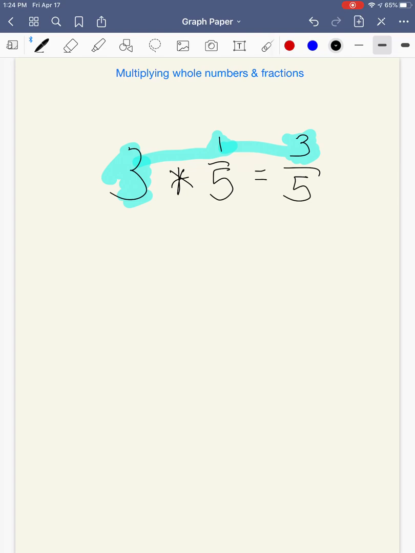Well, what is this 3? It's a silly kind of question, and it's almost so obvious it's hard to answer. This is 3 wholes. Well, we can write whole numbers as a fraction. We can actually write them as a fraction over 1.